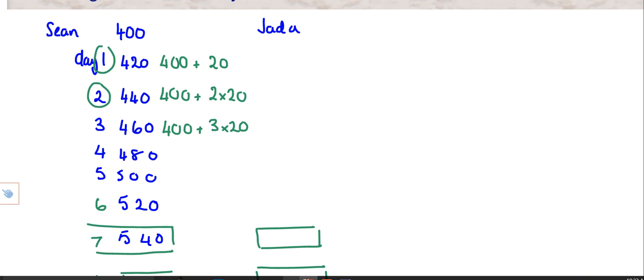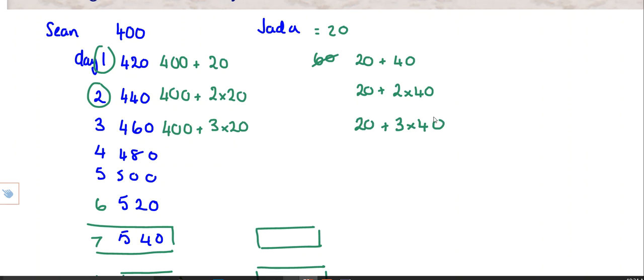So actually, Jada started with 20, and then at the end of day one, she had 60. Okay? Or instead of saying 60, I'm going to have 20 plus 40. The next one, she had 20 plus 2 lots of 40. The next day she has 20 plus 3 lots of 40.